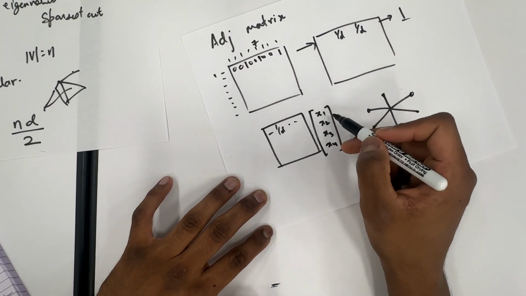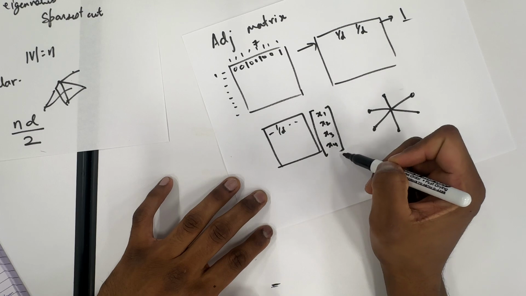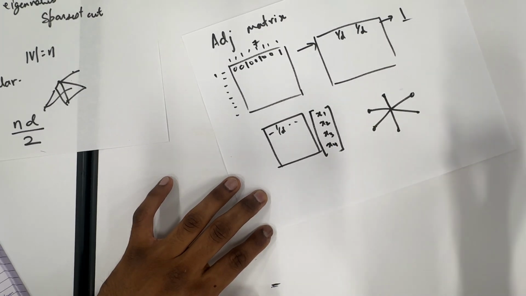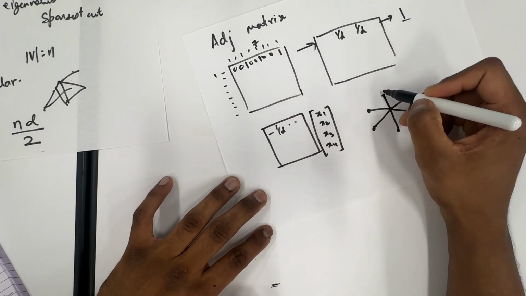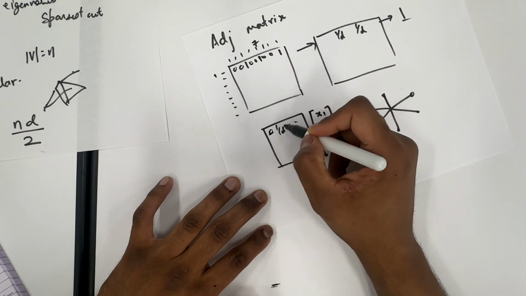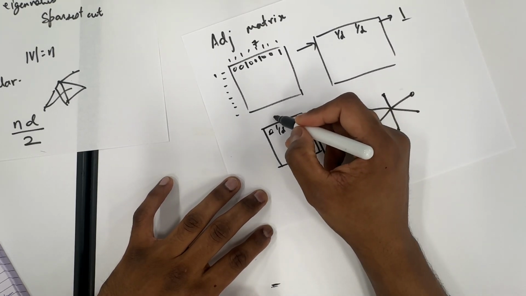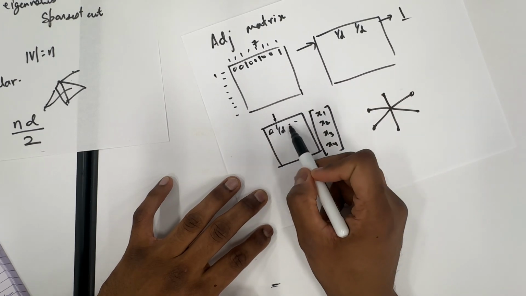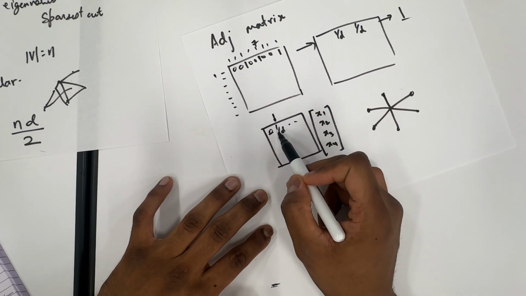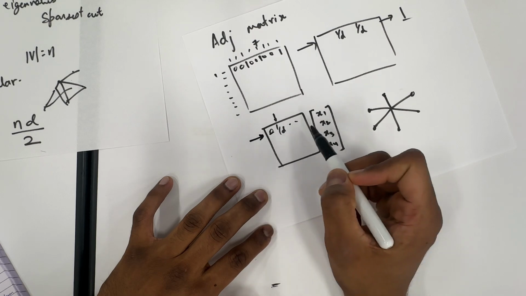How? Let's have a look. Let's say x1, x2, x3, x4 were vertices, and it has an adjacency matrix row which has 0, 0, 1 over d, 0, 0, something. Which column has the value 1 over d? Well, it is a neighbor. Let's say I'm looking at vertex number 1.